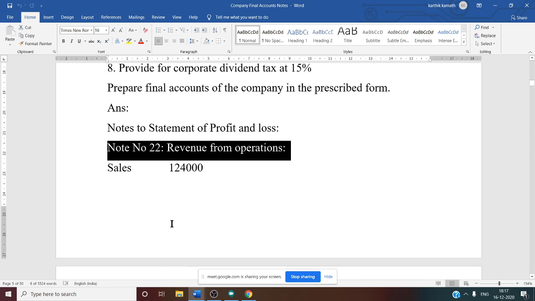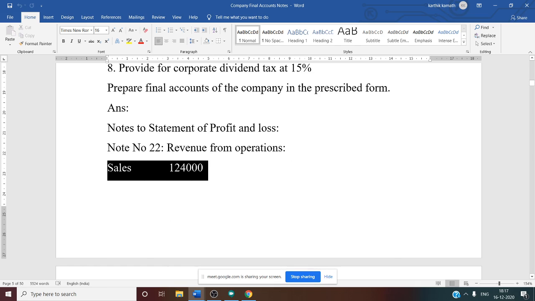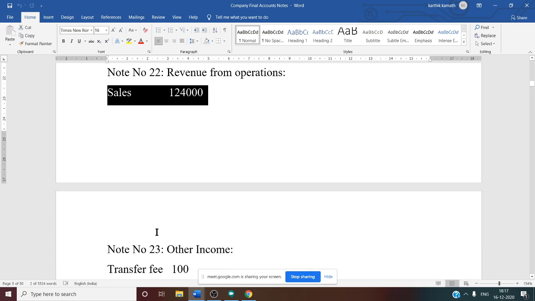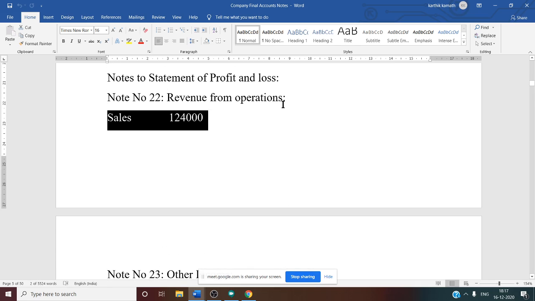That information you are going to write: sale, that is 1,24,000, no other information. So this working note is over. Note number 22, revenue from operation. Same like this you have to write. You have to write the note number, the note heading, and the concerned particulars or concerned amount.